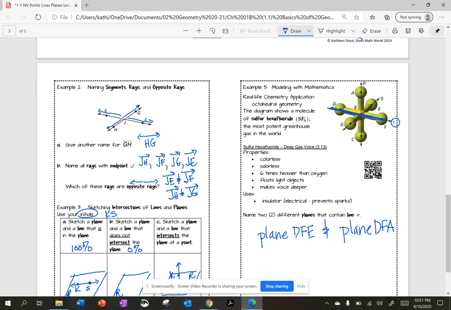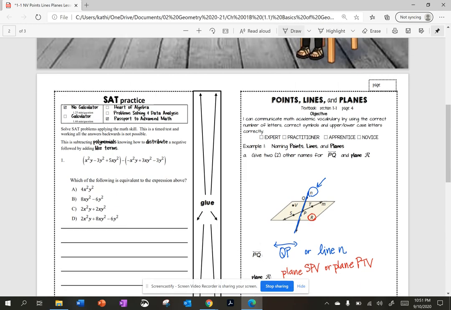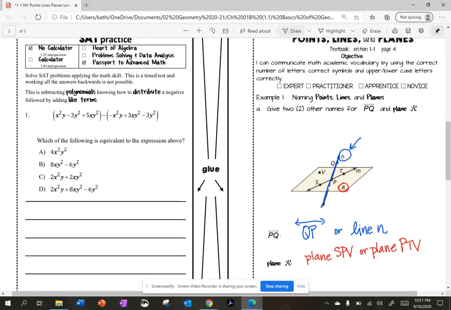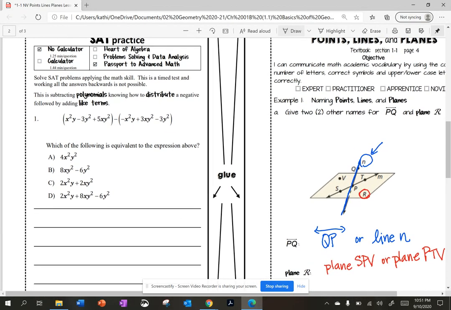Okay, we're going to do a practice SAT problem. Just one today. This is a non-calculator problem, and this would be something called Passport to Advanced Math. This is more of an Algebra 2 type problem, but I think you did some of these in Algebra 1.